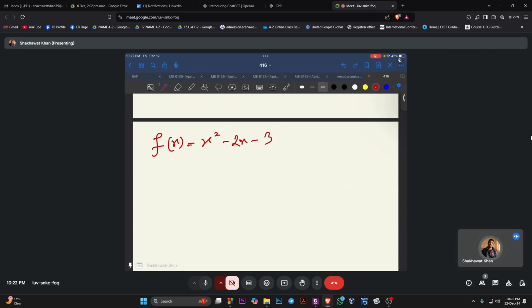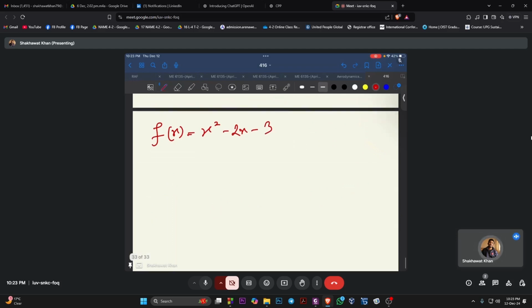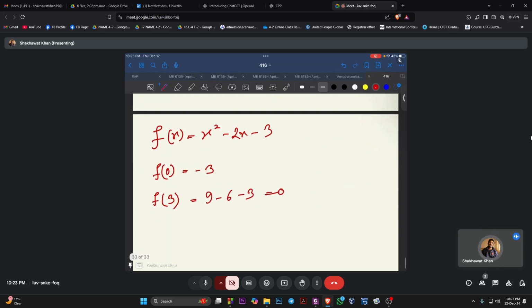In this problem, if we put the value 0, we get minus 3, and if we put the value 3, we get 9 minus 6 minus 3, that would be 0. In this case we won't get any further value because our equation is already solved by this value. The solution is 3.